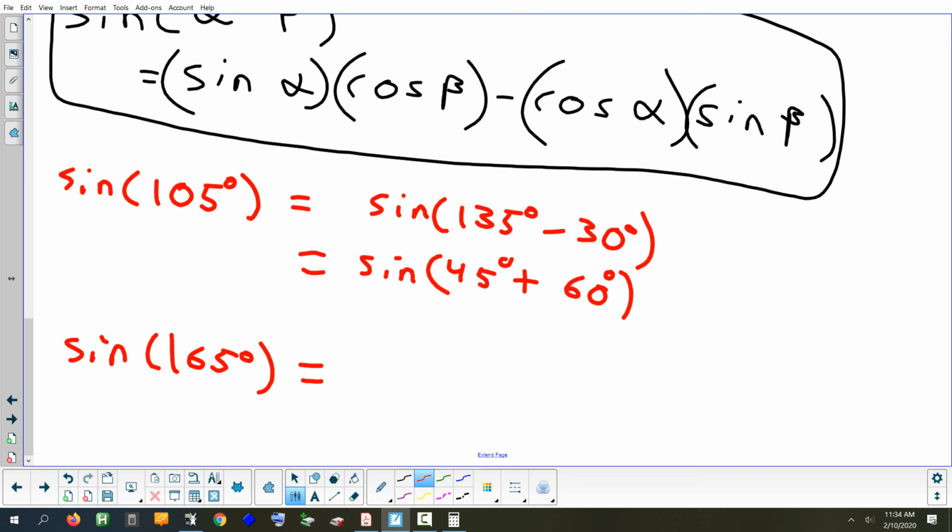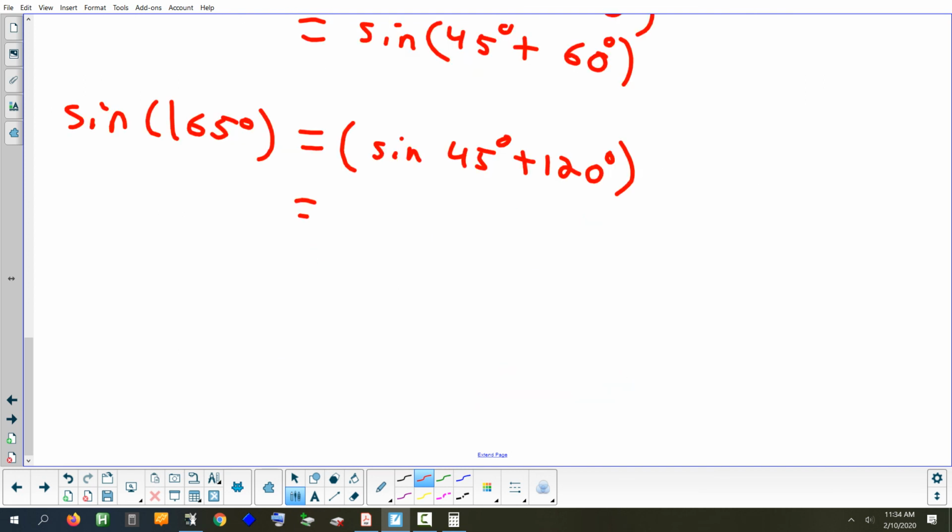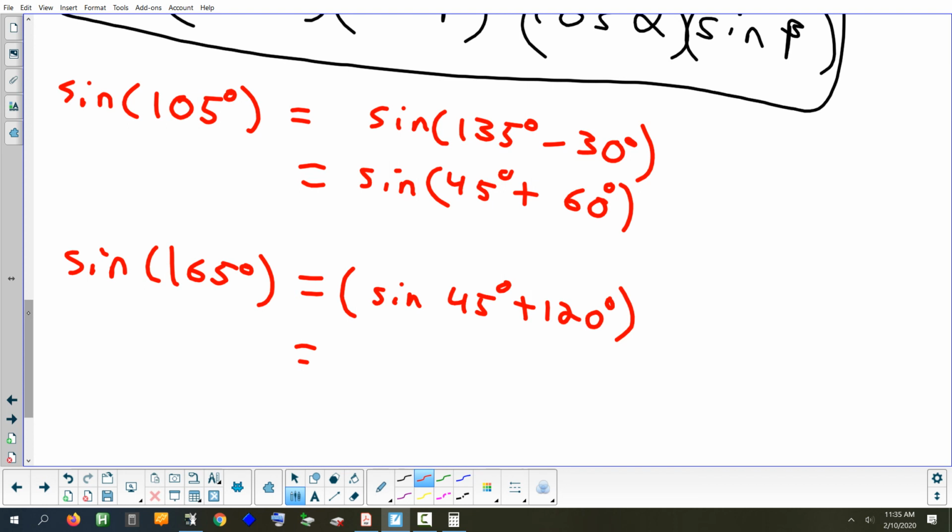45 plus 120. Okay, sine of 45 plus 120. Yep, not what I was thinking. I was thinking 135 plus 30. That would also work. How about as a difference? Sorry, messed that up.